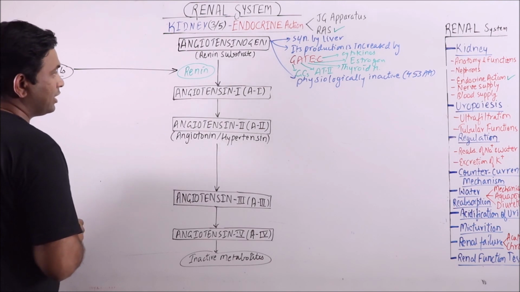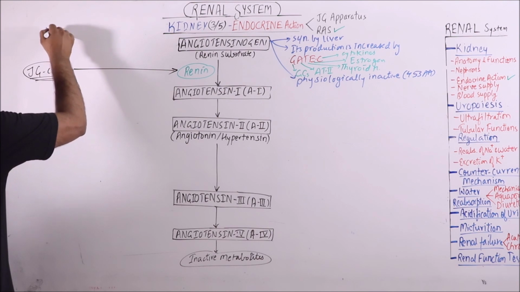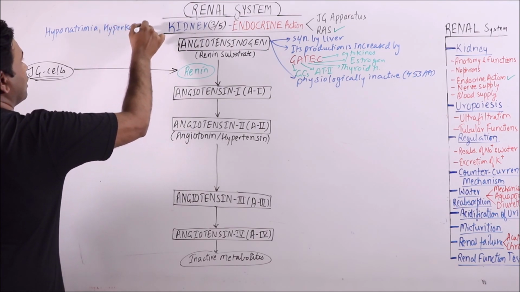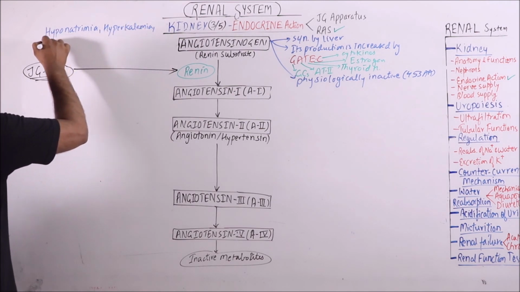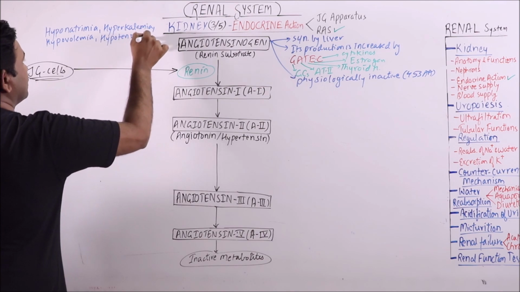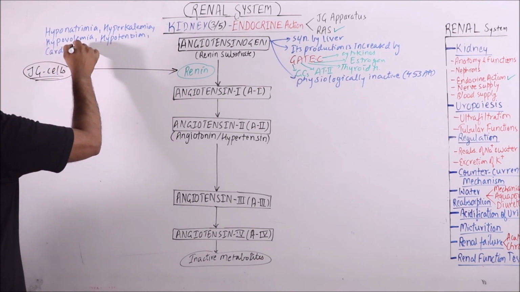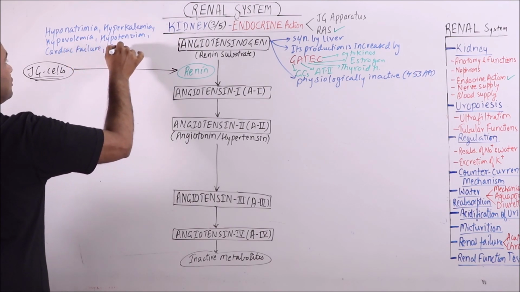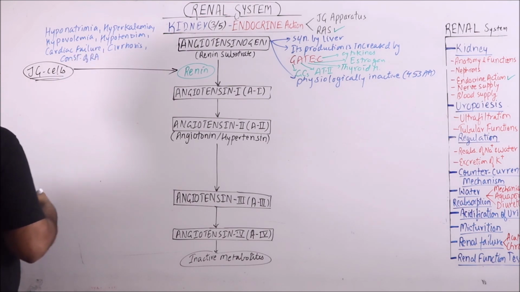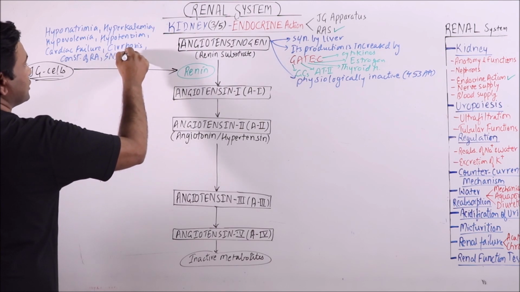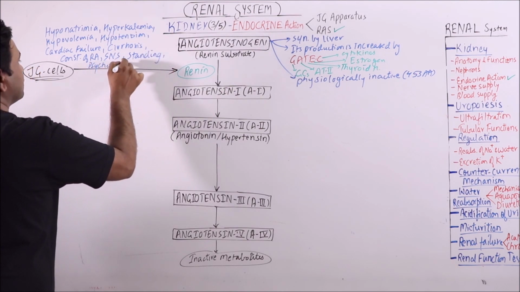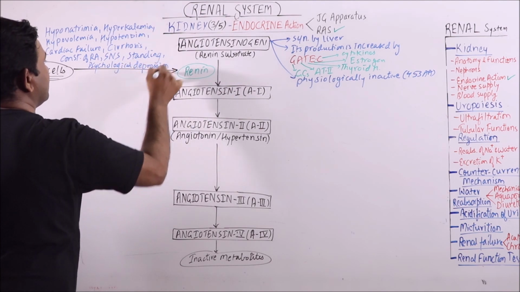and these cells are activated by certain conditions in body like hyponatremia, hyperkalemia, hypovolemia, hypotension, cardiac failure, cirrhosis, then constriction of renal arteries, activation of sympathetic nervous system, then prolonged standing and psychological depression.